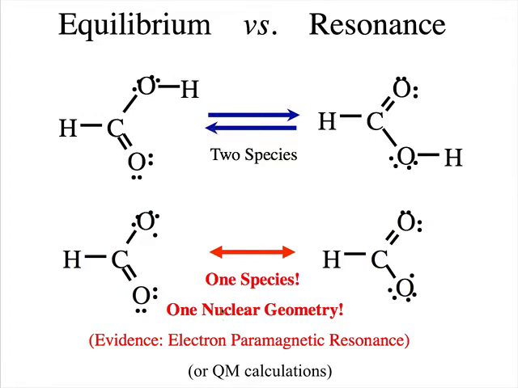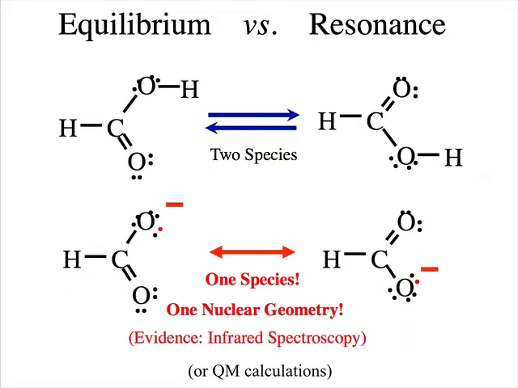We can also see this using quantum calculations, that when we have the radical, you have one geometry. Now, if we add another electron in here, and now we've got a negative charge instead of a neutral radical, we still have the same effect, meaning we still have one nuclear geometry.